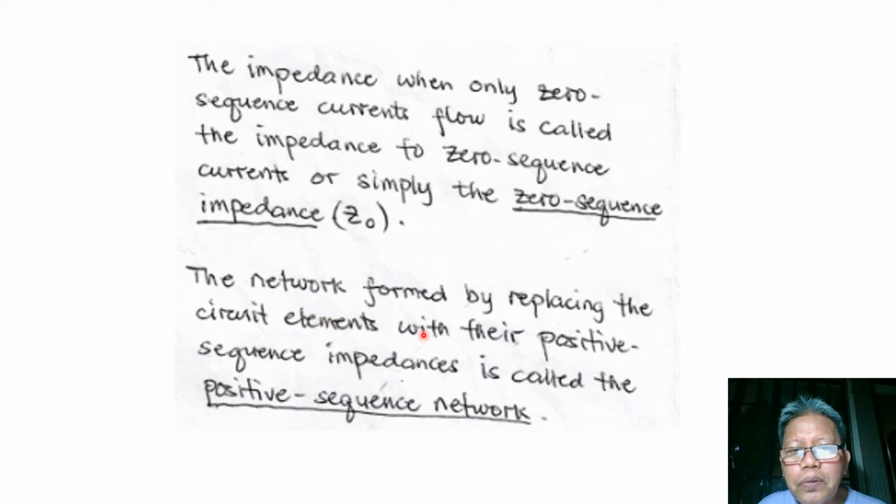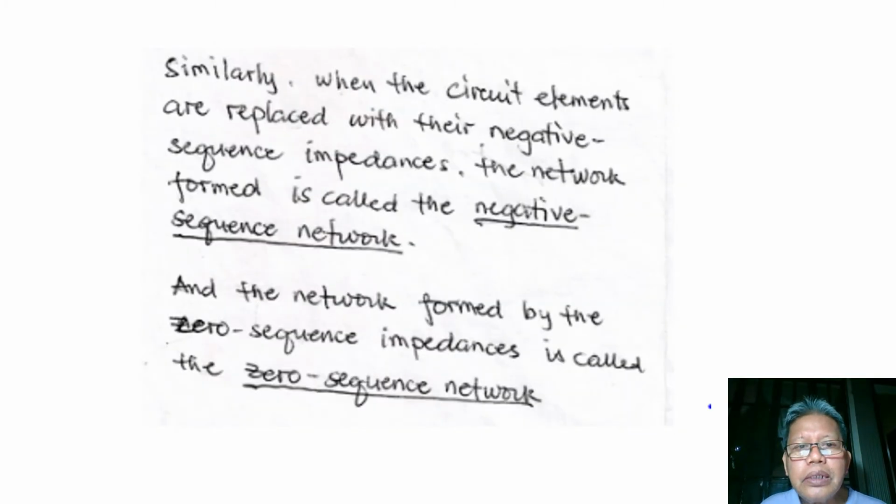So the network formed by replacing the circuit elements with their positive sequence impedances is called the positive sequence network. And when the circuit elements are replaced with their negative sequence impedances, the network formed is called the negative sequence network. And the network formed by the zero sequence impedances is called the zero sequence network.